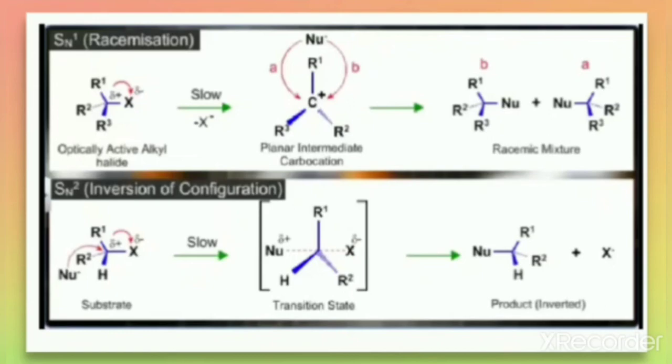When the nucleophile attacks, it results in the formation of a transition state, and because of this the configuration changes in the product, which is the inverted product. So we can say that in SN2 mechanism the reaction proceeds through inversion of configuration.